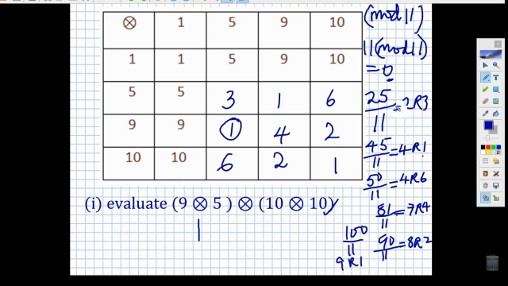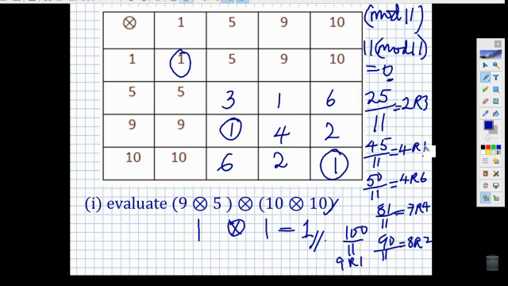So we have this to be 1. Modular multiplication 10 multiplied by 10 gives us 1. Again, from the table, 1 modular multiplication 1 gives us 1. So the answer to this is 1.